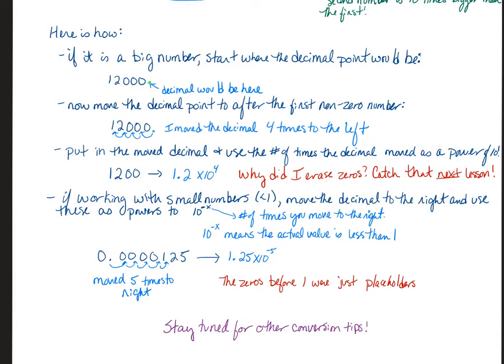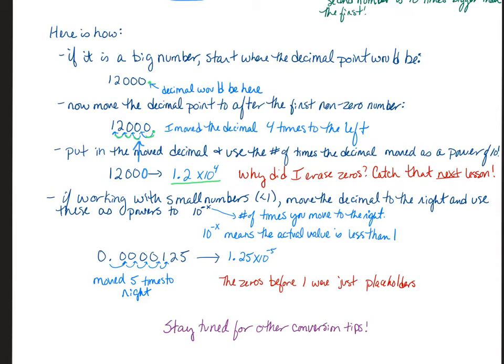So if I have it here and I move it over 1, 2, 3, 4 times to the left, then instead of writing 1, 2, 0, 0, 0, I should write 1.2 times 10 to the 4. Now I just realized that I messed up in my notes, and that should have another 0 like there, like it does above.